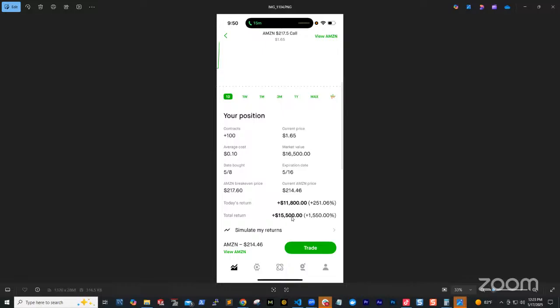Did you guys know I didn't cash out any of this money? What? Seriously? Why would you cash out? Oh man, you left it? I got too excited. I left it.